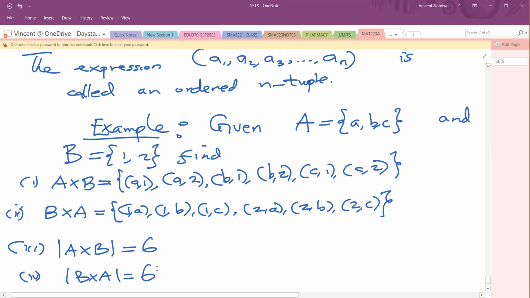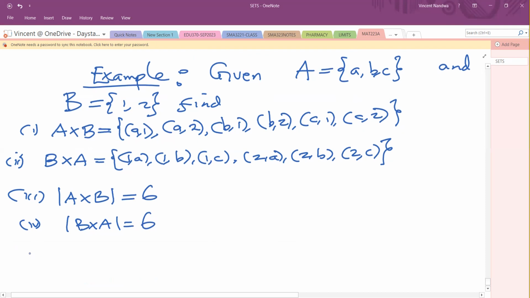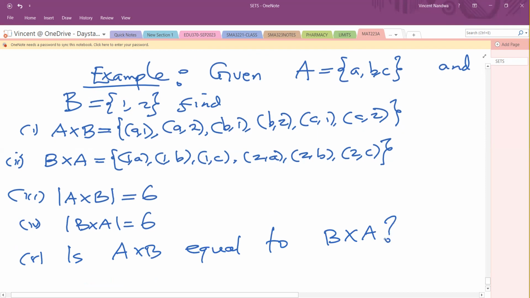Question 5 is, is A cross B equal to B cross A? Are they equal sets? What is the meaning of equal sets?